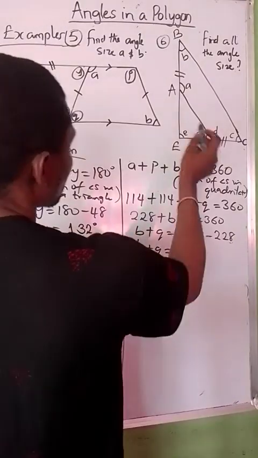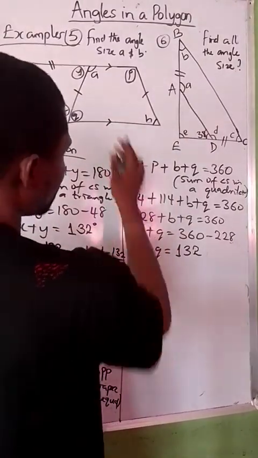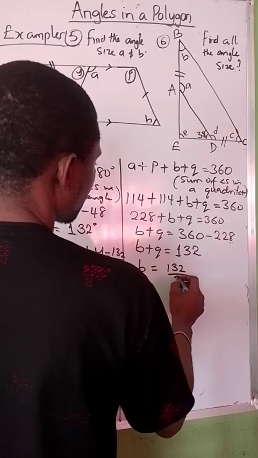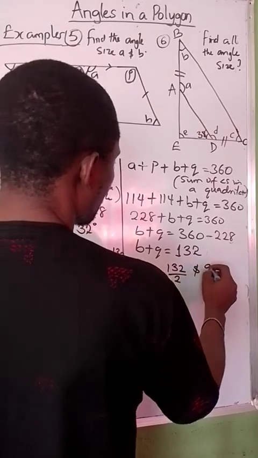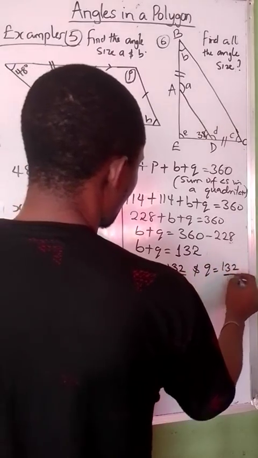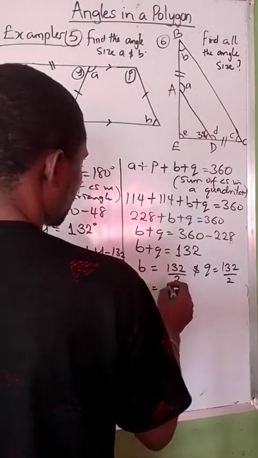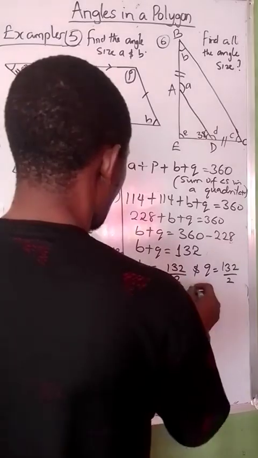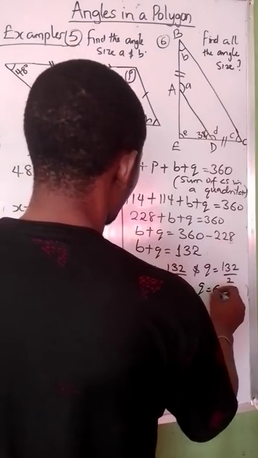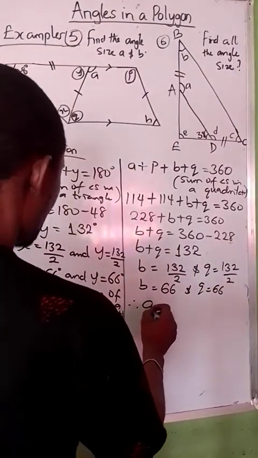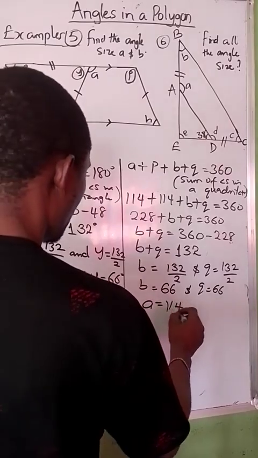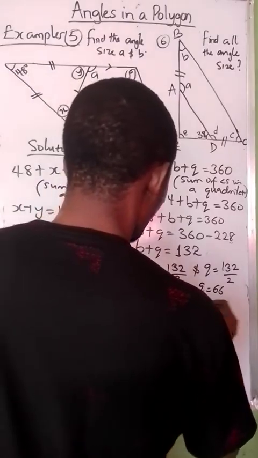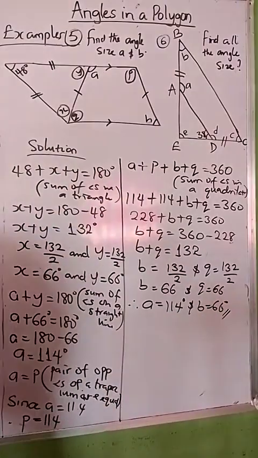Since both of them are equal, you divide the answer by 2. So B equals 132 over 2, and Q equals 132 over 2. So our B equals 66, and our Q also equals 66. Therefore A equals 114 and B equals 66 degrees. So that's our answer.